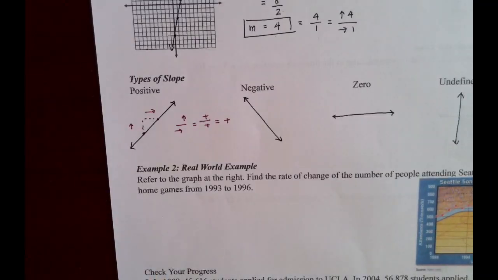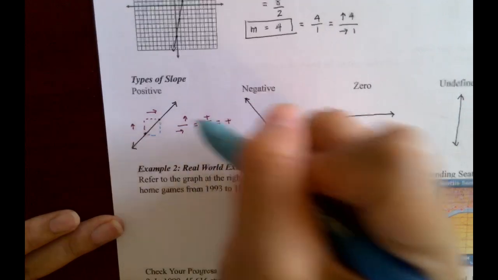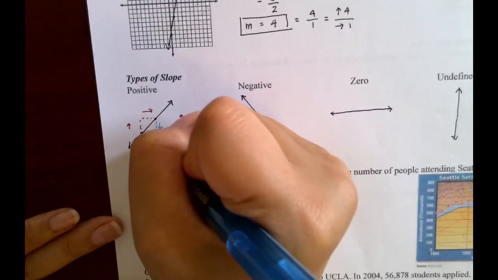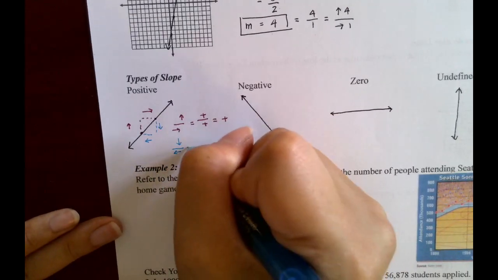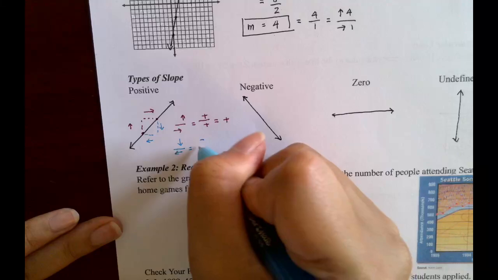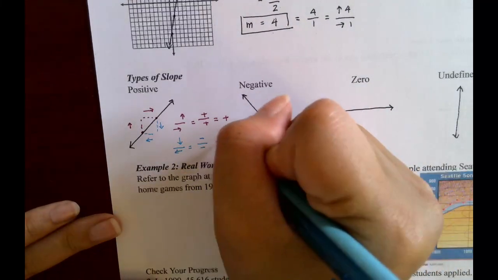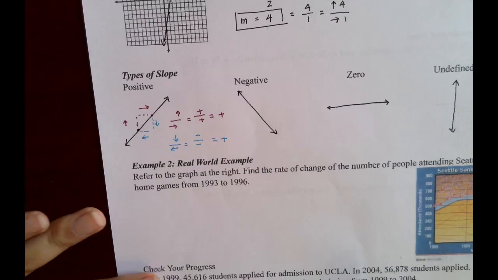Or even if you went the other way, from this point to this point, you're going down and left. That's fine. Down is negative and left is negative, but negative divided by a negative is still a positive. So that's a positive slope.